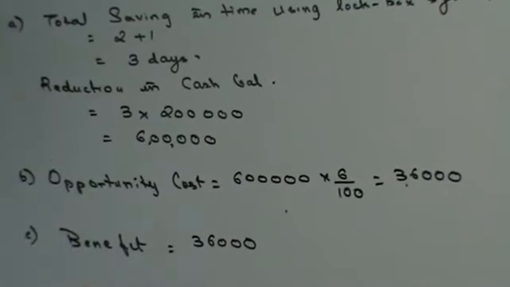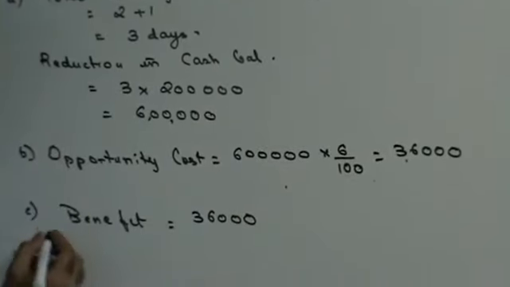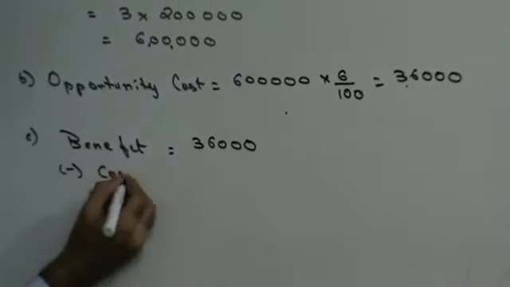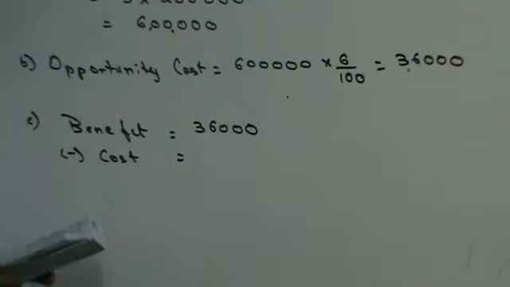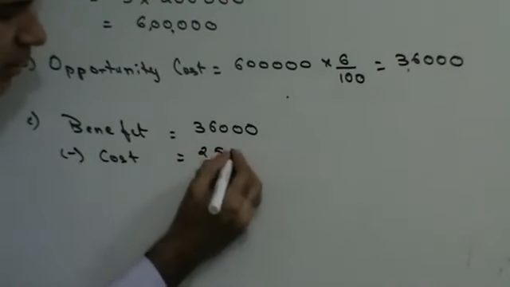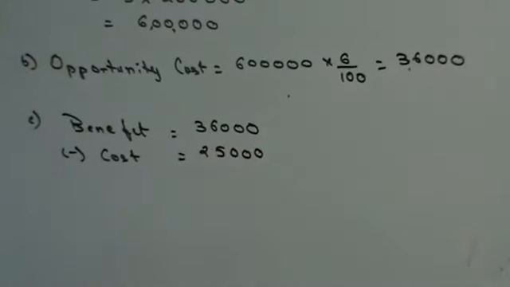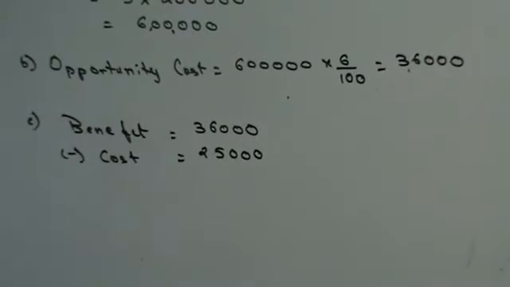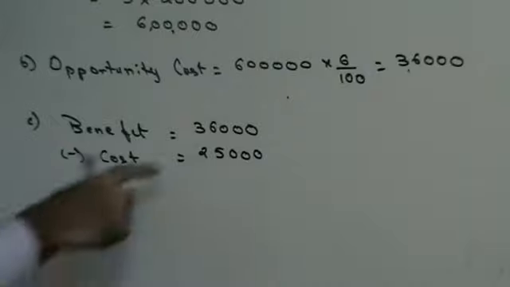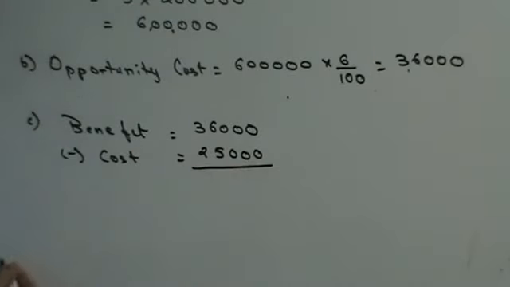Now to maintain that box at different places, they are saying that the cost of putting those boxes and maintaining them is 25,000. I will earn an interest of 36,000, and to maintain the box at different places, I have to spend 25,000.